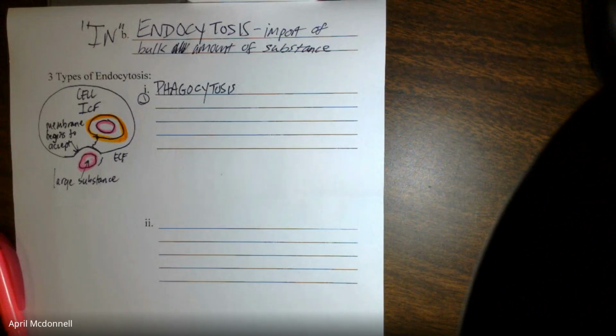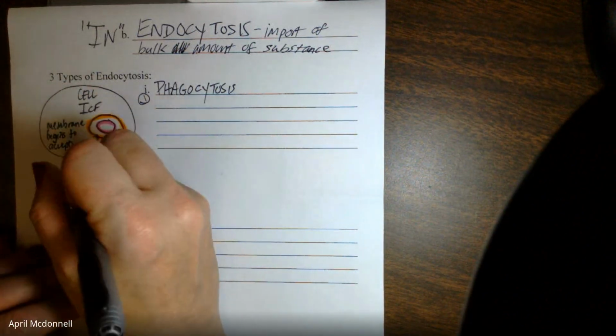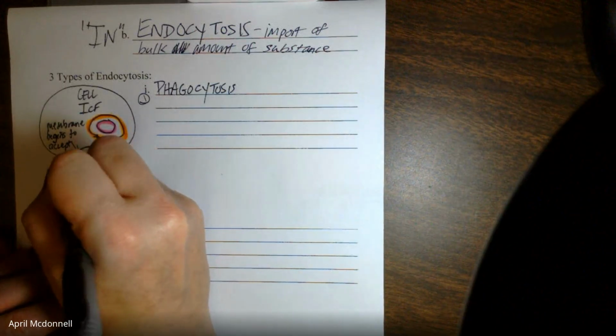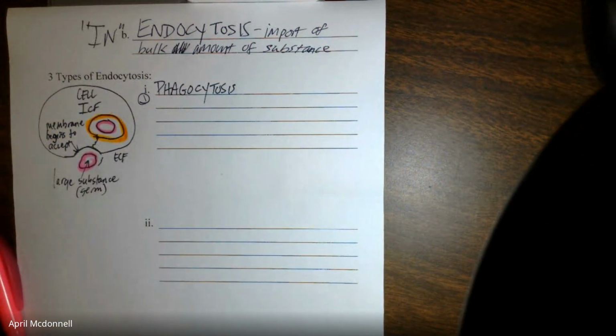And a great example of phagocytosis is the function of our white blood cells. We have a whole bunch of different types of white blood cells, but we do have some white blood cells called phagocytes. And basically what they do is they import germ cells, and maybe it is a bad bacteria or some sort of germ, and they bring it in order to destroy it.